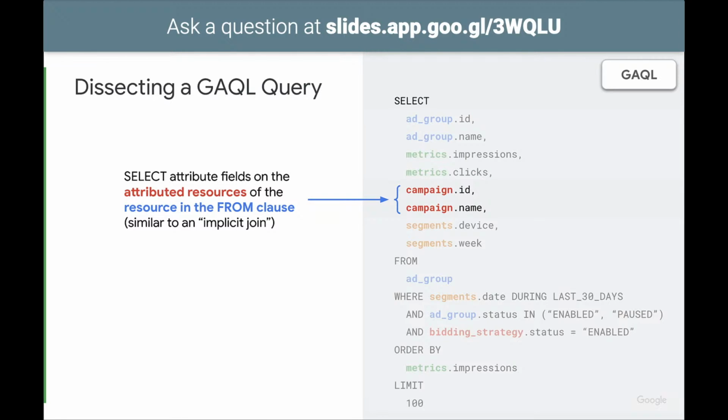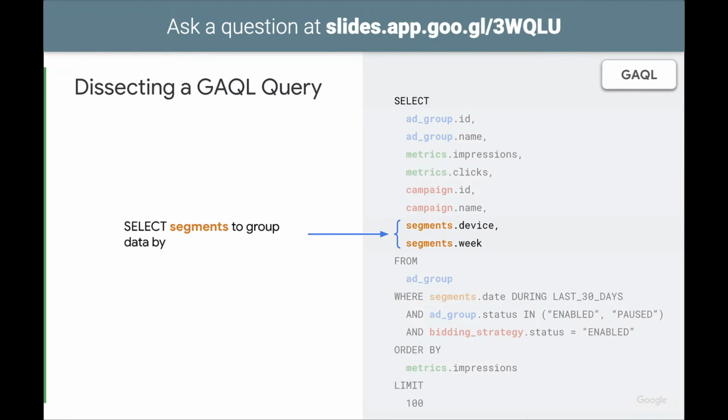And as a result, when you have those types of relationships, you get the ability to pull in data from those attributed resources directly into your select clause. You can look up which attributed resources are available on a given resource, and you can take any of the fields on those attributed resources, put them directly into your select clause, and those will be columns in your reporting output.